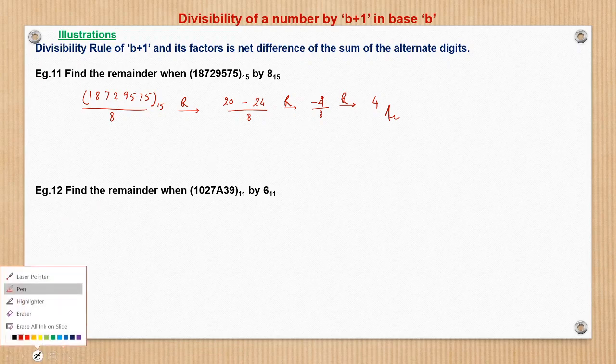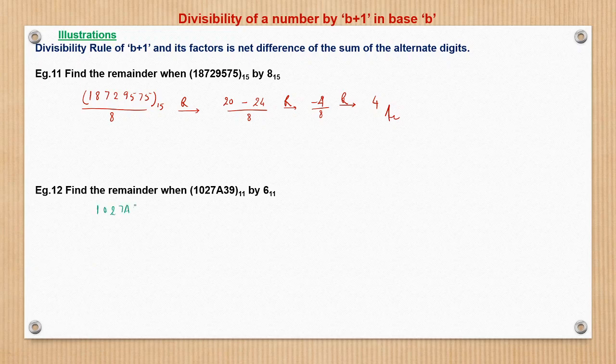Now we will see one more case, which is 1027A39 upon 6, and this is represented in base 11. So for base 11, if divided by 12 or its factor, it would be an alternate digit sum.